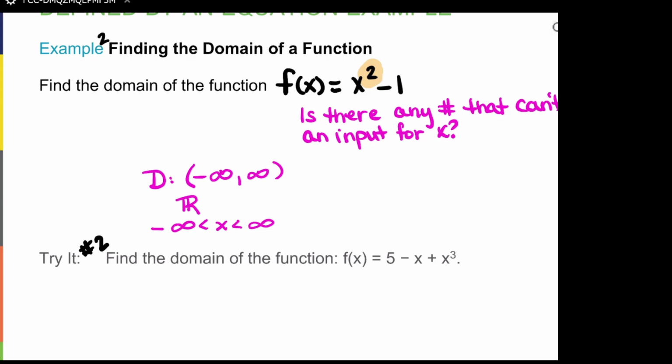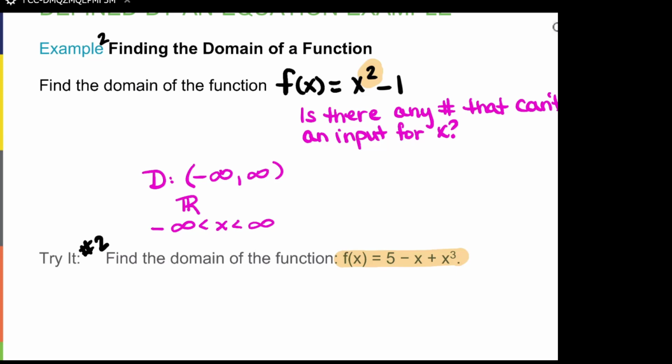All right, so you guys try the Try It, number 2. Find the domain of the function f of x equals five minus x plus x to the third. What I need you to do as you're trying this is ask yourself, are there any numbers that if you were to plug them in for x would give you an unreal answer?